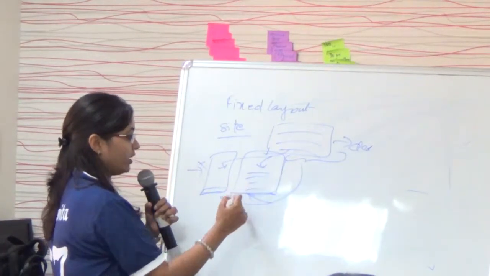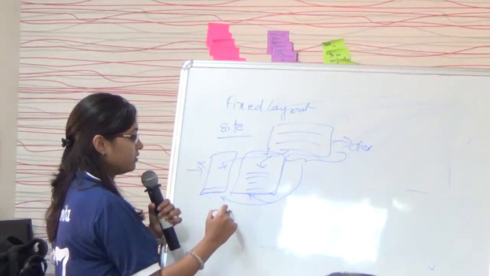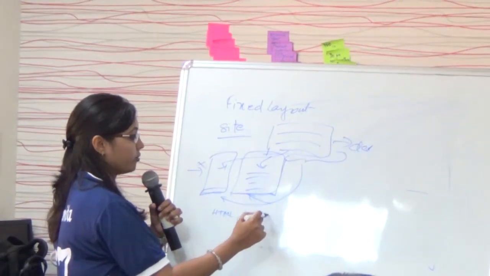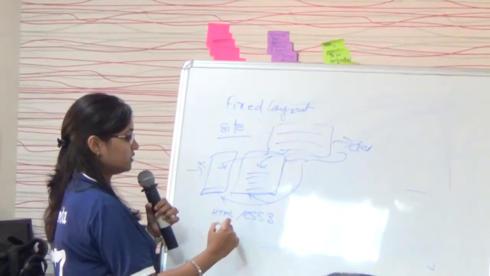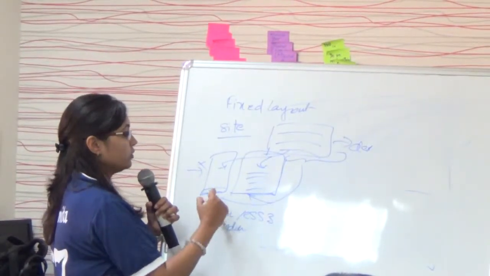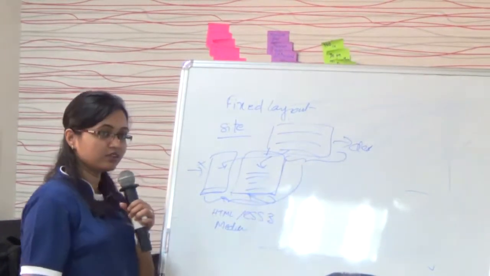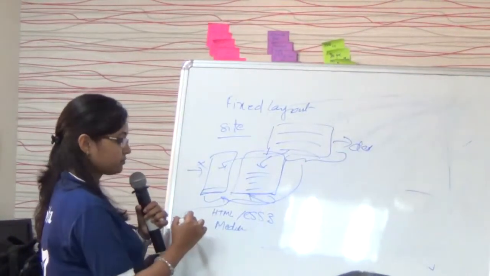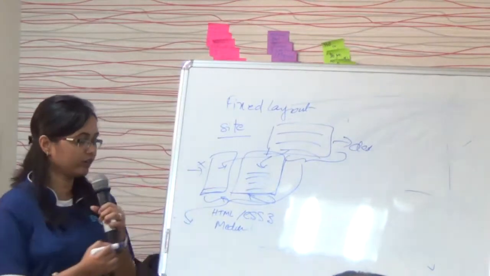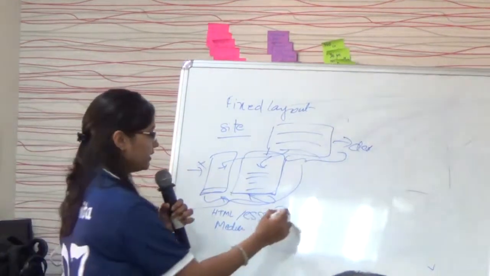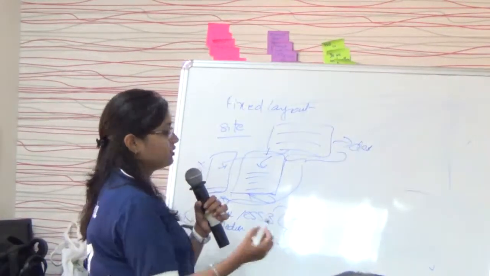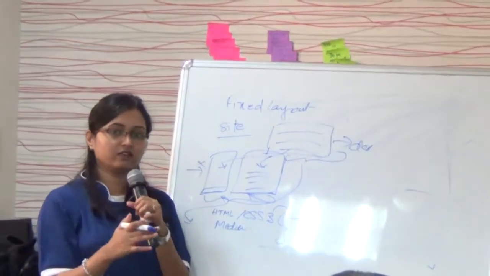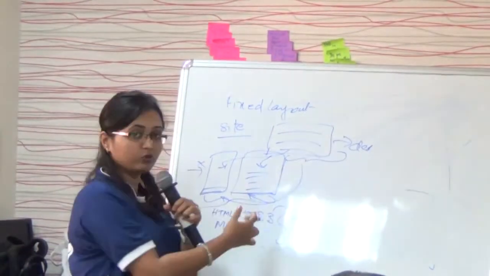So what you had was your HTML and CSS3 properties, media queries. You knew the screen resolutions, and you could make use of that aspect. Accordingly, you changed your thinking from fixed to fluid, right?